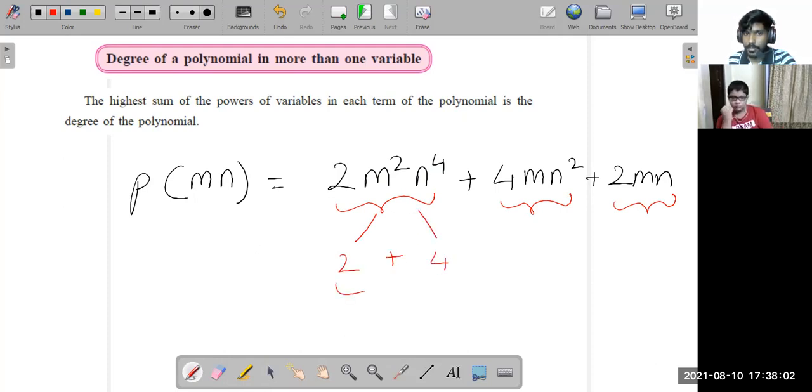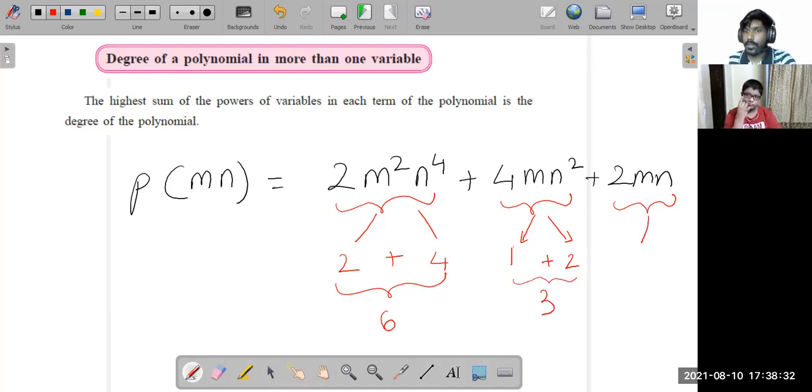If you add them, what will be the total power? 6. In this term, what is the power of m? 1. And power of n, 2. You add them, it will be 3.